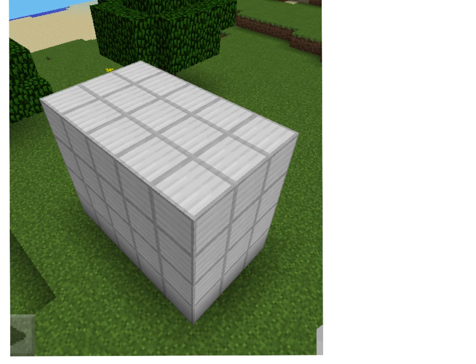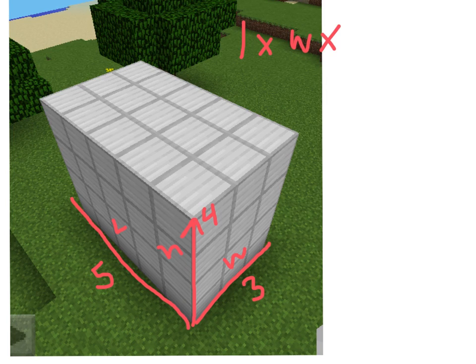So let's take a look at this rectangular prism. The width is 3 units. The length is 1, 2, 3, 4, 5 units, and the height is 4 units. So, to use my formula, I'm simply going to do the length times width times height.